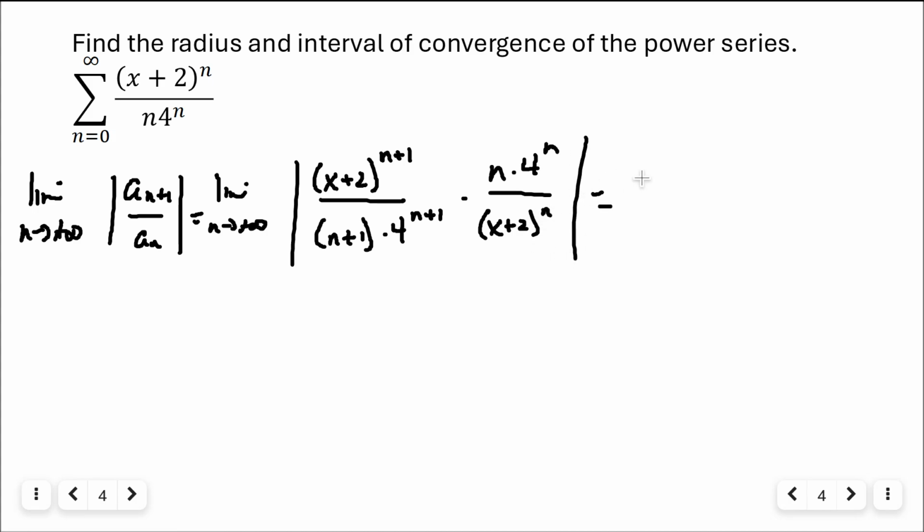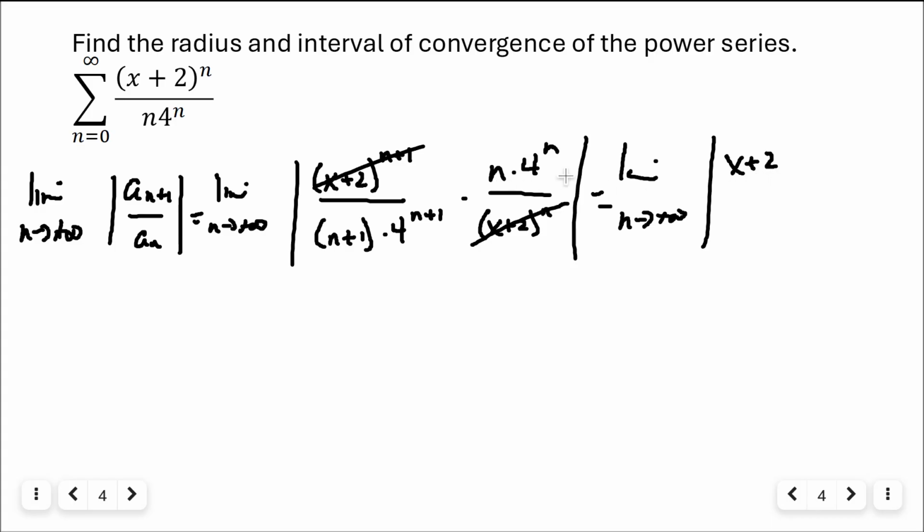So now let's try to clean this up. Let's take the limit as n goes to infinity. Again, let's see if we can do this quickly. So we have x plus 2 to the n plus 1 over x plus 2 to the n. This term has one more x plus 2 than this one does. So that would leave me with an x plus 2 in the numerator. That takes care of those two. We have a 4 to the n and a 4 to the n plus 1 in the denominator.